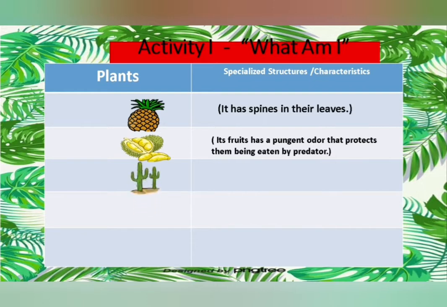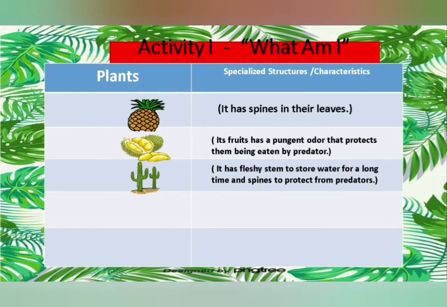Next picture, that is a cactus. The special structure of that is it has a fleshy stem to store water for a long time and spines to protect from predators. Okay, so that picture is a lemon.